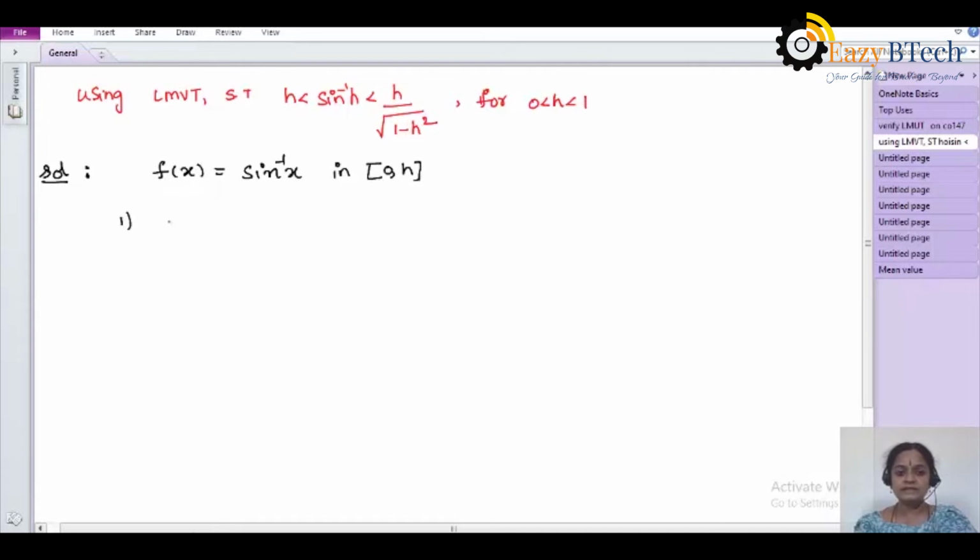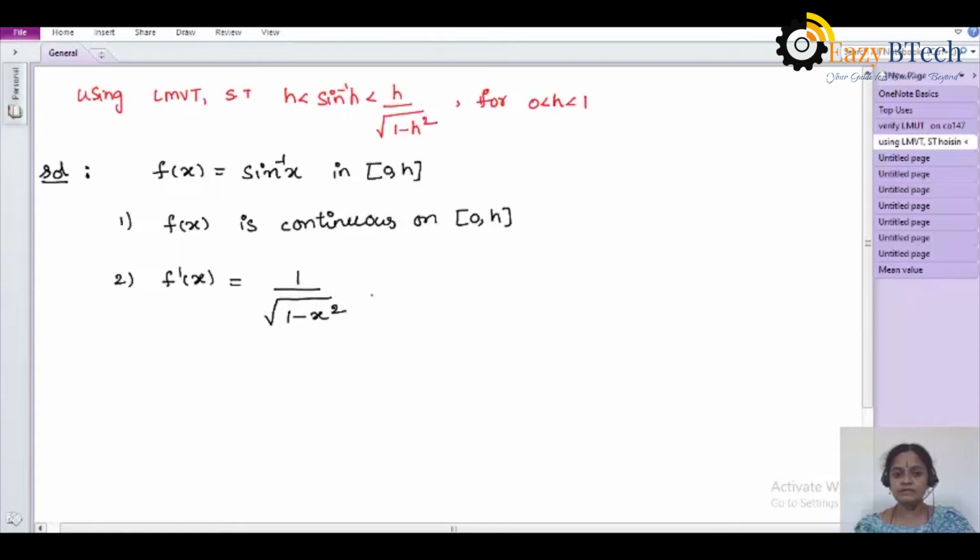What is the first condition in Lagrange's mean value theorem? Proving that it is continuous. Of course it is continuous because it is inverse trigonometric. f of x is continuous on the closed interval 0, h. The second condition is derivability, that means doing the differentiation. f dash of x, the differentiation of sine inverse x, is 1 by root of 1 minus x square on the open interval.